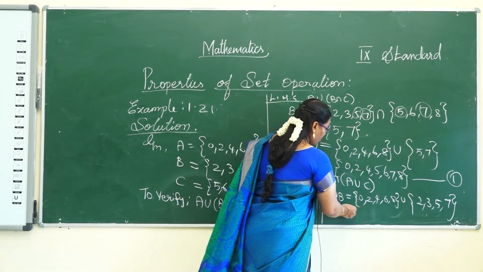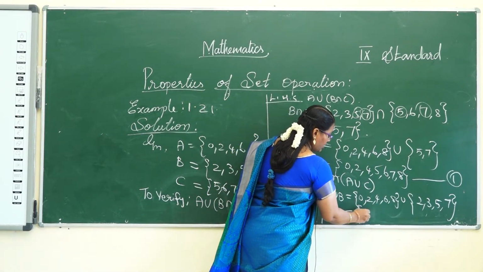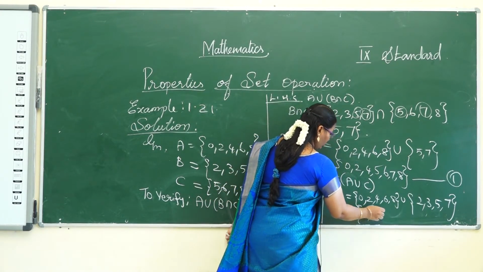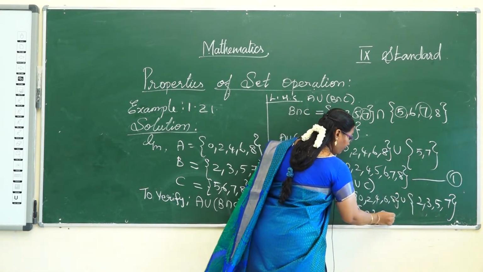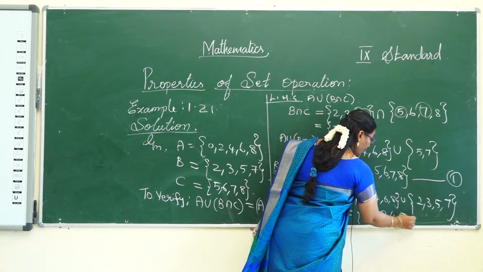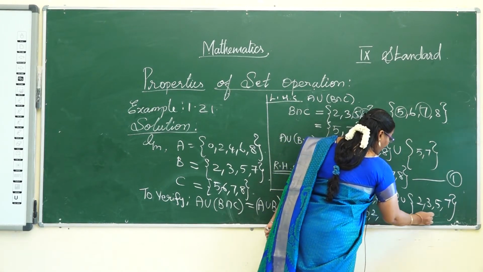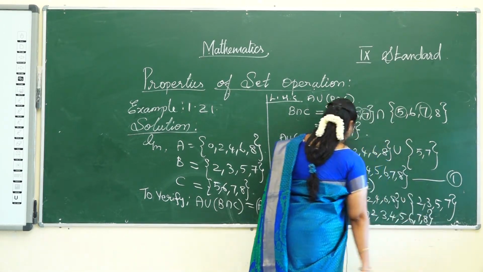Join all the elements. So 0, 2, 3, 4, 5, 6, 7 and 8.